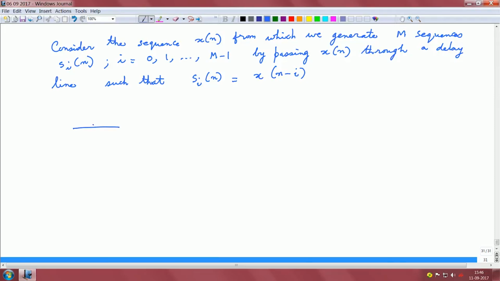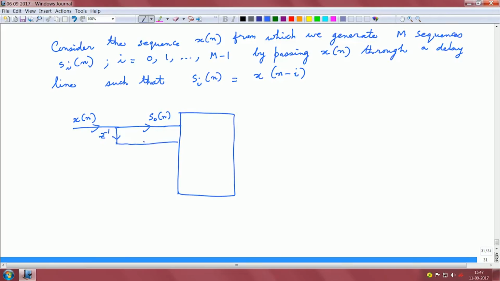So what we do is as follows: we have x of n, no delay is S naught of n, and we have 1 unit delay here. This is S1 of n, so on, S m minus 1 of n, and we do slightly something different here.